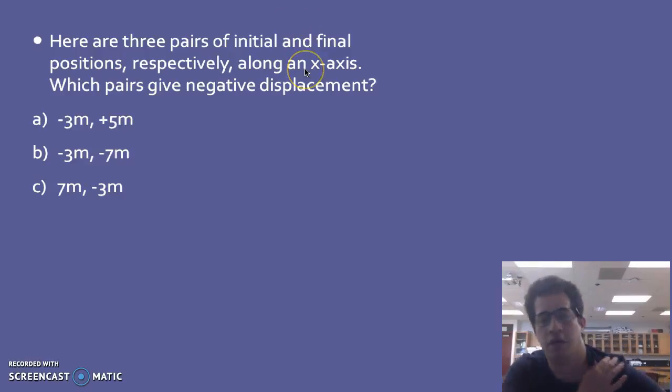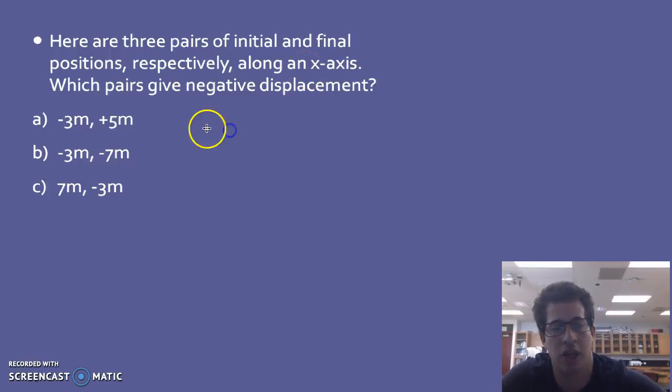Okay, so let's go ahead and find out, and we'll calculate these displacements as well. So remember that displacement, change in position, is the final position, position 2, minus the initial position. Okay, so 5 minus negative 3 is going to be 8 meters.